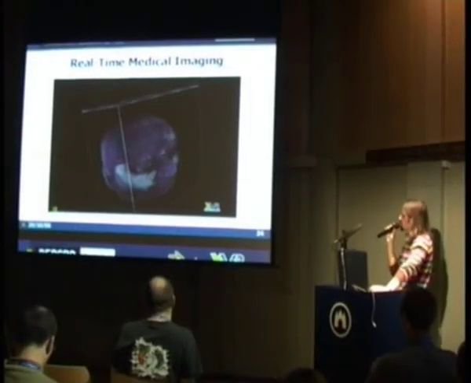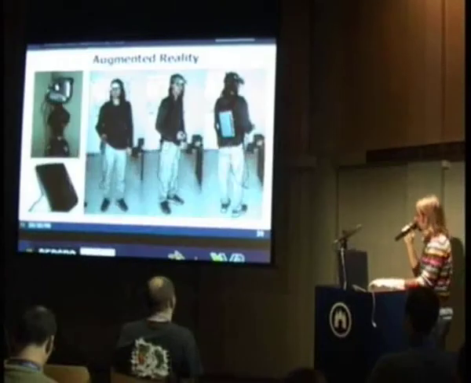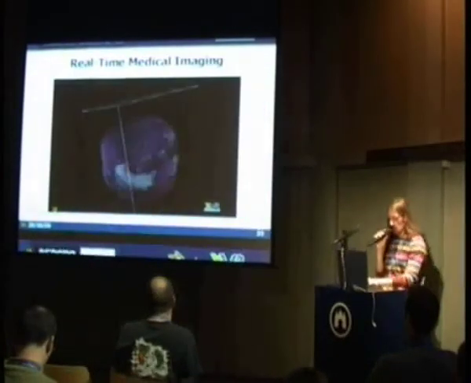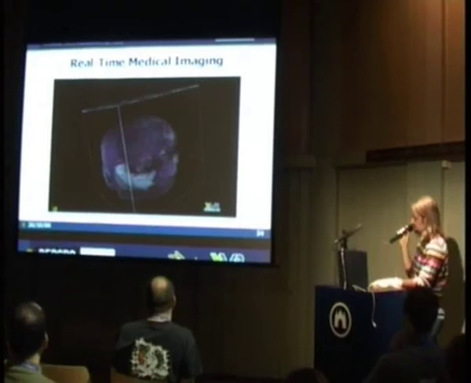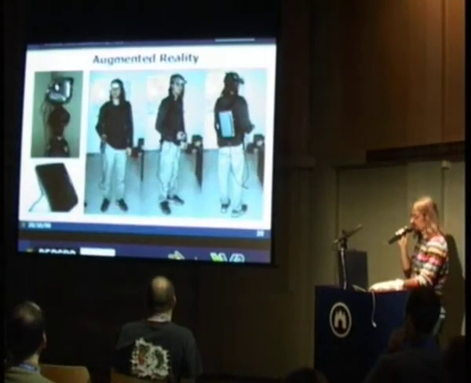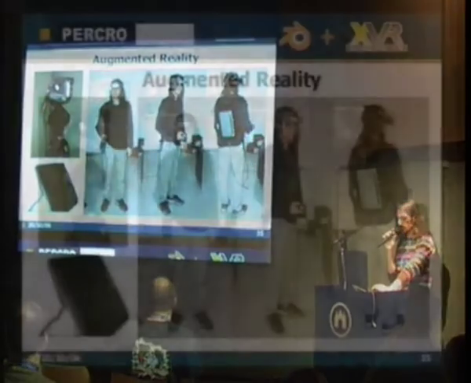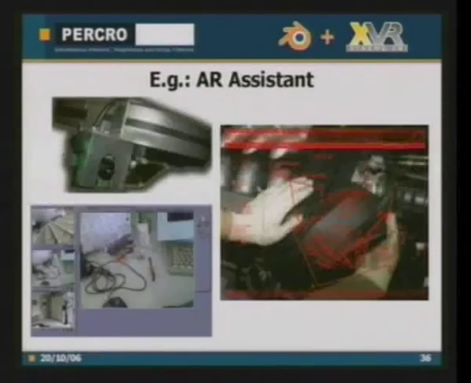The colors are strange because it was an anaglyph rendering, so that you could see it with the red and green glasses. And there are also other applications such as augmented reality, so that you can instruct a maintenance guy remotely and show him what he has to do to fix some misworking machine.